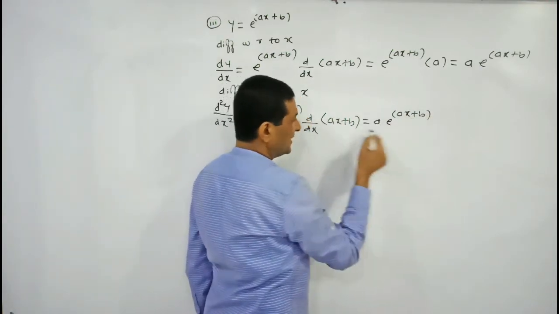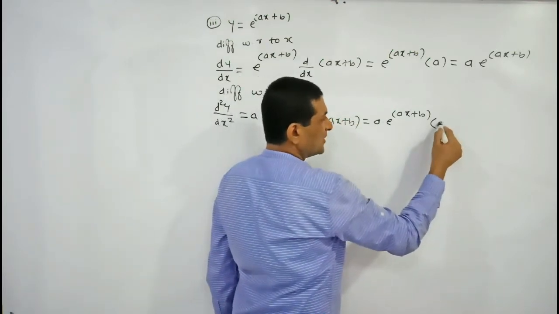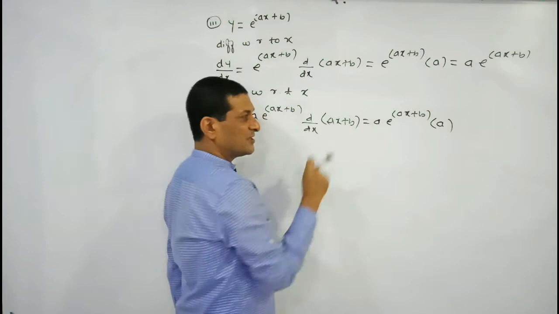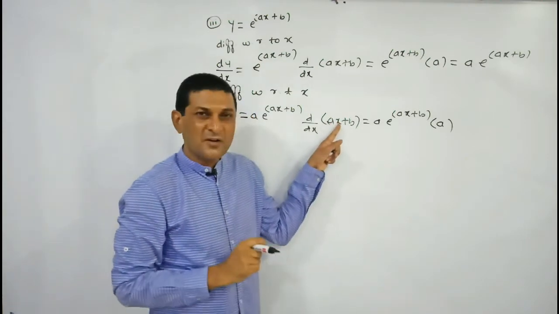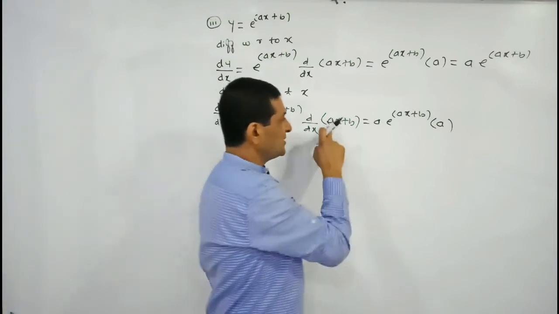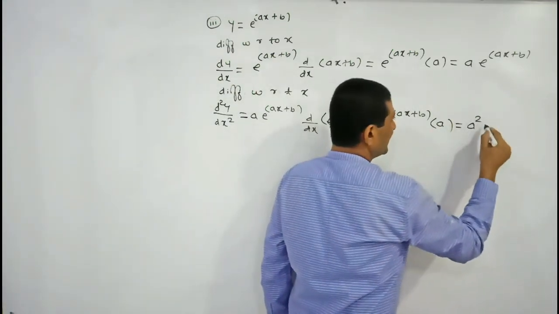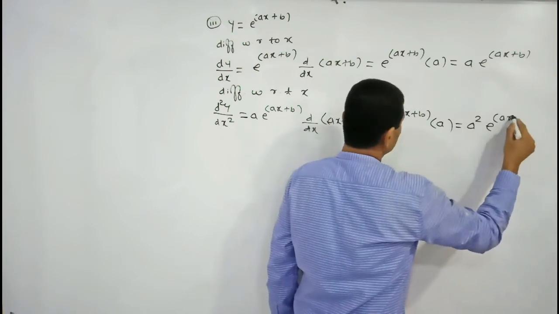Differentiation of this linear expression will be equals to what? a, because derivative of constant term is 0, a keep it as it is, derivative of x is 1 into a will be equal to a. So here differentiation is known to us. Now a into a will become what? a square into e raised to power ax plus b.